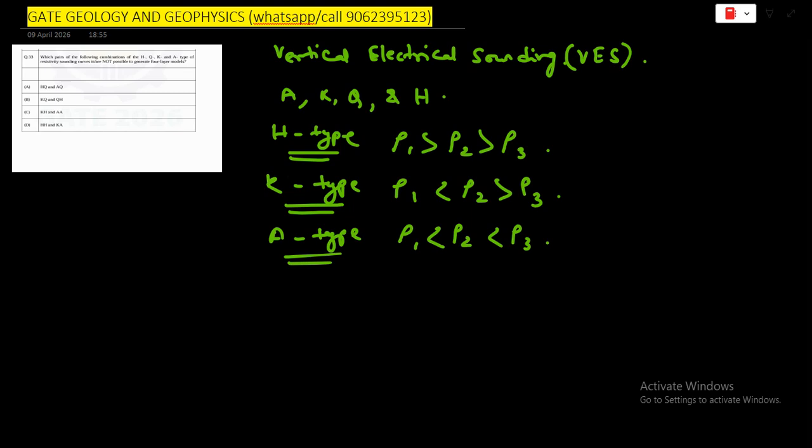Okay, so always going up. A for ascending. And for the Q type, rho 1 greater than rho 2 greater than rho 3. Okay, always going down. So Q for quitters.